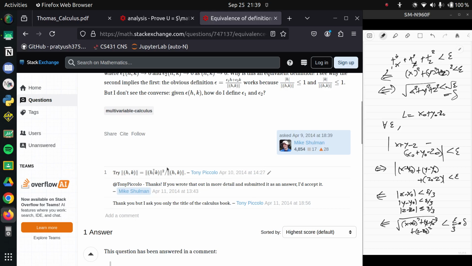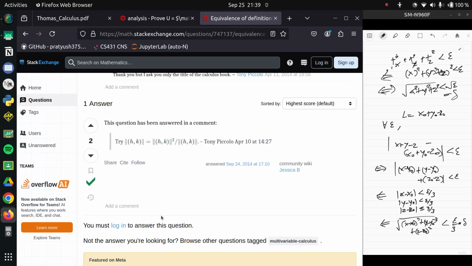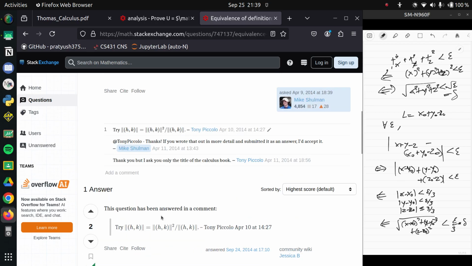Try magnitude of hk equal to hk square upon magnitude of hk. What? This is some weird trivial thing. I don't get what's going on. Okay, this is just stupid.